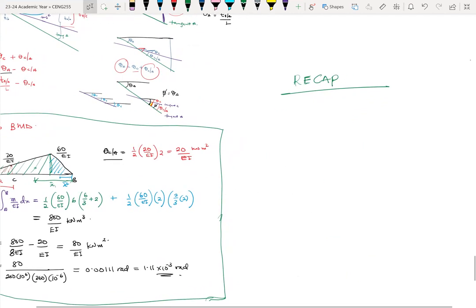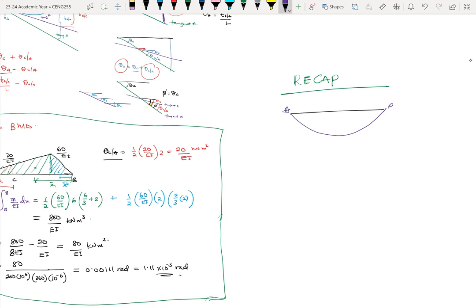So we mentioned that when looking at the moment area method, if we have the beam, we take into consideration the elastic curve of the particular beam. Then with the elastic curve, we look at the rotations at different points along the beam.